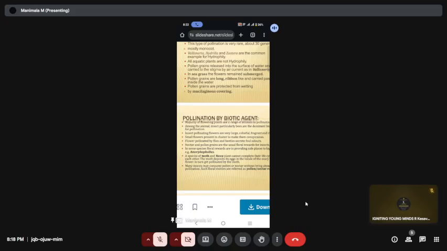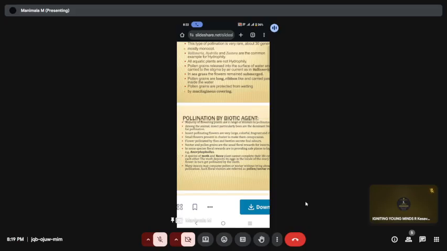Okay, hypohydrophily. So this is what about the two types of hydrophily. One is epi, which means the process takes place on the top. Here the pollen grains have some specific gravity, almost like sea water, and the shape is like a ribbon or needle, and the size will be 250 mm.